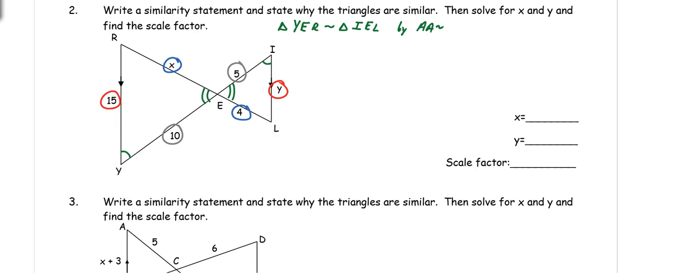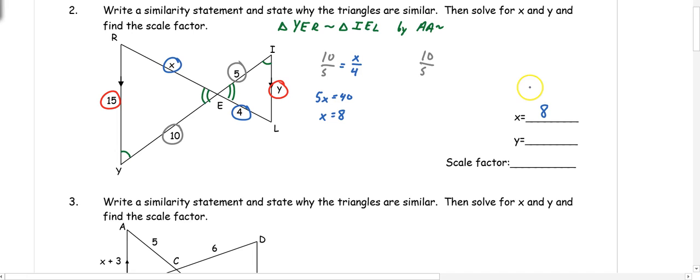So in order to solve, we're going to use 10 over 5 both times because they both have numbers, so we can eliminate the worry of having two variables in our problem. To solve for x, x comes from the triangle with the 10, and 4 comes from the other triangle, so we have x over 4. So when we cross multiply, we get 5x equals 40. We can divide by 5 and get that x is 8.